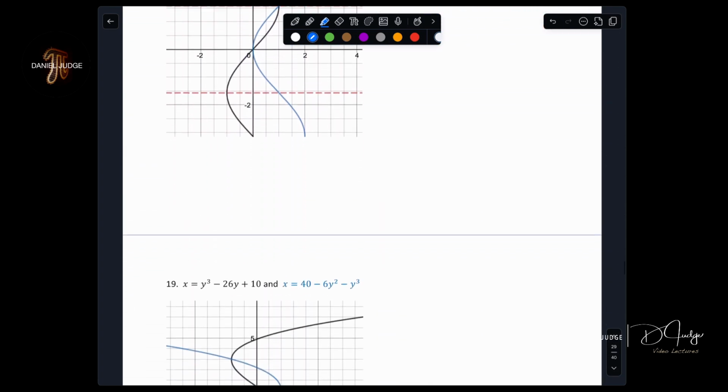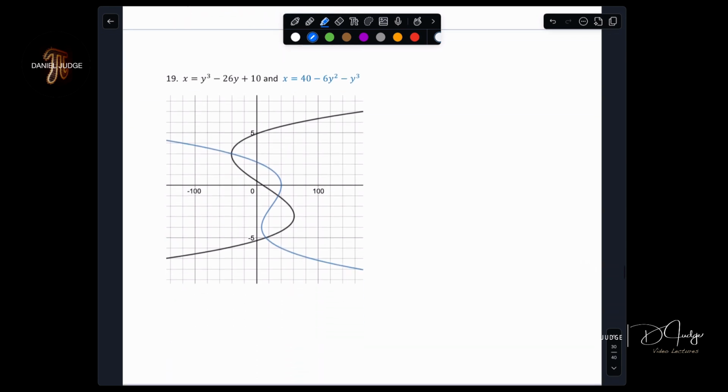All right, now that brings us up to question 19. Let's see what 19 looks like now. Again in this situation, what I did years ago when I wrote these things for people: point of intersection here, point of intersection here, and point of intersection here.